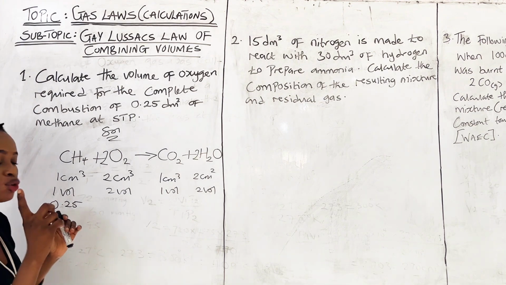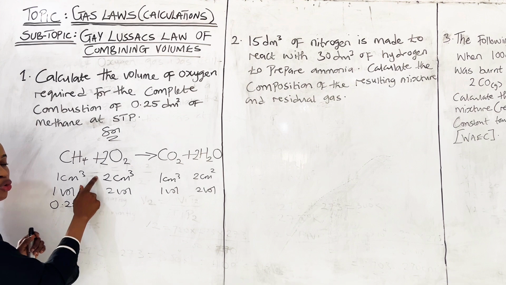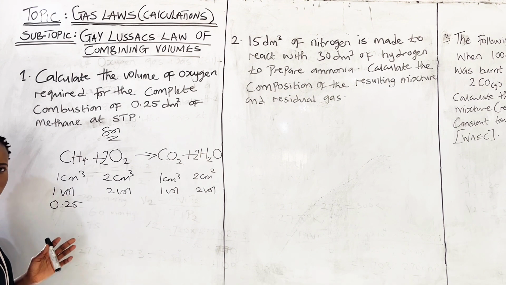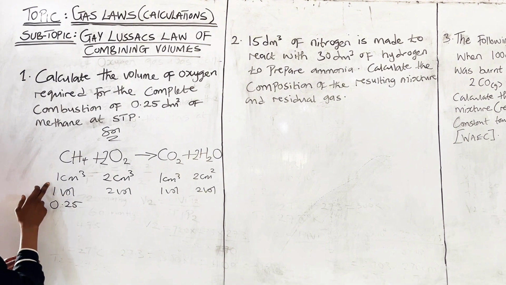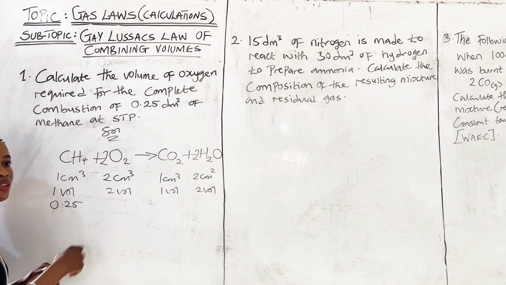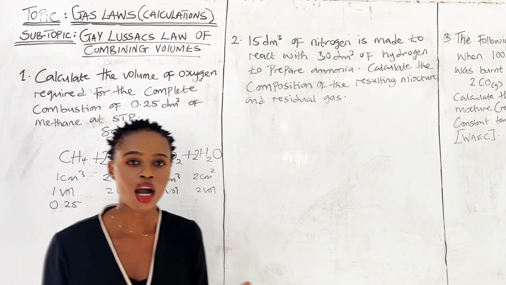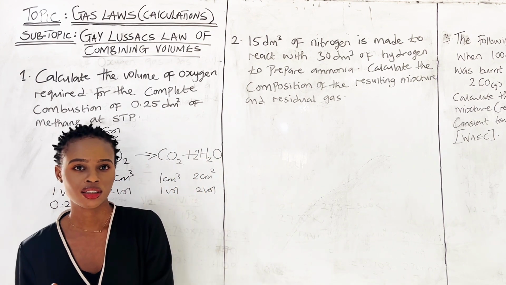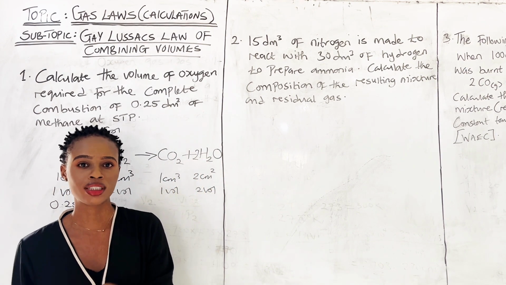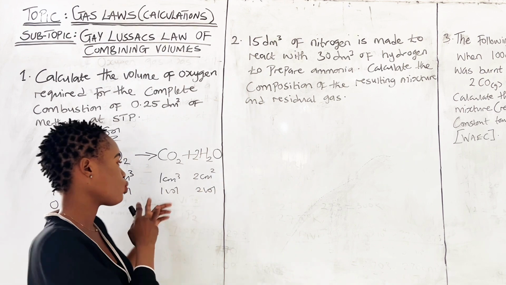What you simply need to know is this: if 1 volume is 0.25, what will 2 volume be? Very simple. For example, if they tell you a crate of egg is 30, how many is in 2 crates? You simply need to say 2 times 30 to know the total number of eggs in 2 crates. That's what we are doing here.